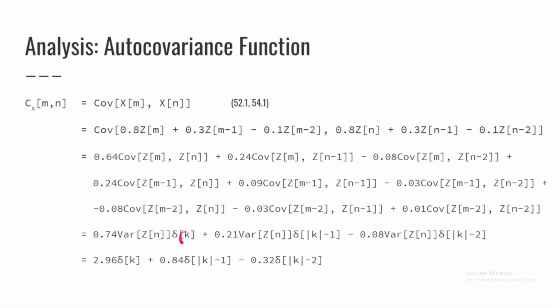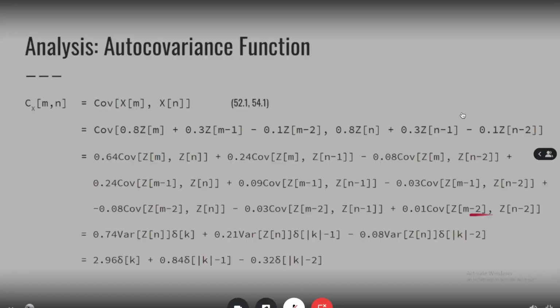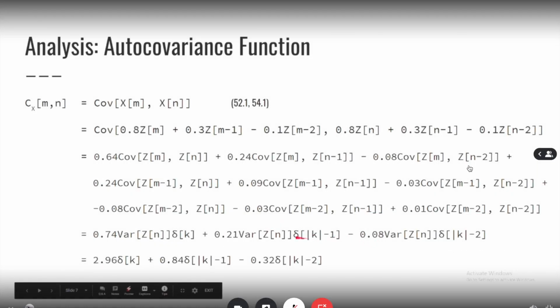So k is equal to m minus n. If k is equal to 0, this delta function fires and we get this output. When k is equal to 0, that means m is equal to n, which means that this won't be 0, this won't be 0, and this won't be 0, and all the other ones will be. So we sum those up, and these two are found by similar processes.